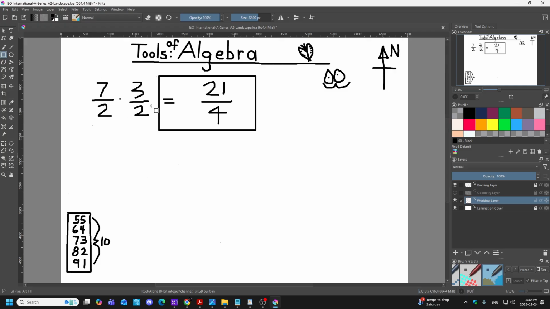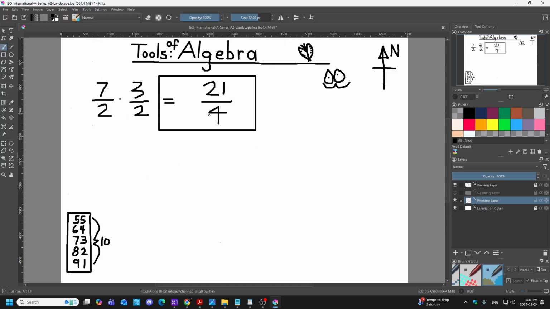There's no reducing or factoring or canceling, if you will. We know that 4 doesn't go into 21. We know this. We do have an improper fraction. Maybe the question may be something to the effect of your final answer should be a mixed number. How do we do that?